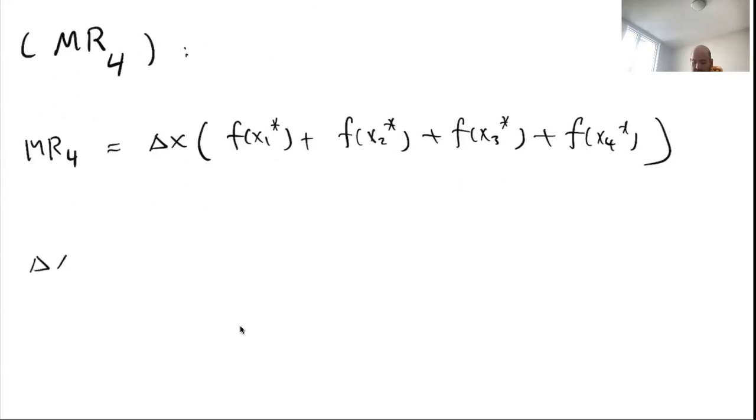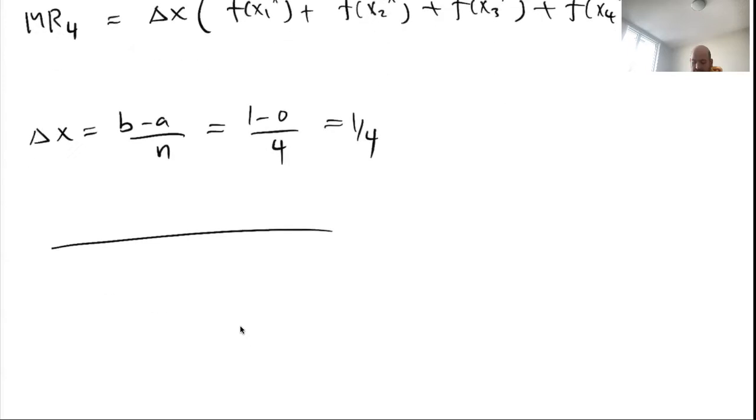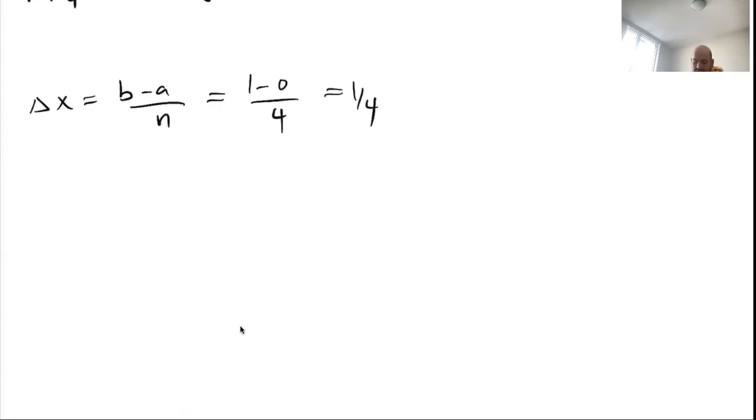And delta x is b minus a over n, which is 1 minus 0 over 4, that's 1 over 4. And this is basically our interval 0 to 1, with points 1 over 4, 1/2, 3 over 4. And then we have x1 star here.